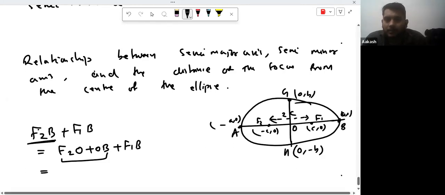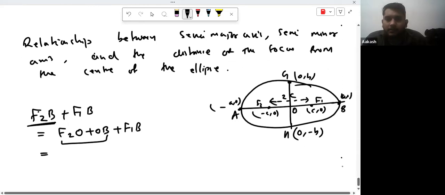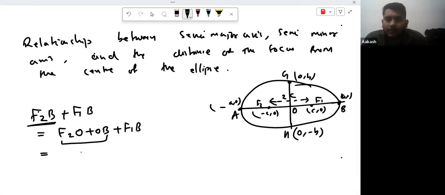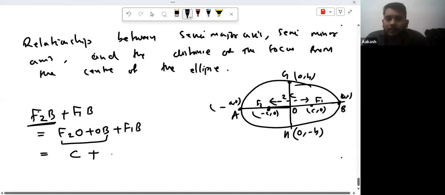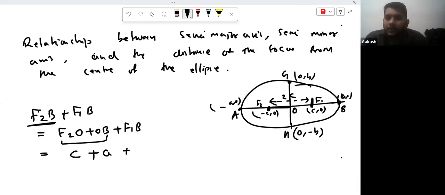Yes, sir. Okay. So F2O is the distance of F2 from the origin. So it is c, plus OB is a, the semi-major axis, plus F1B. F1B is from here to here, this much.